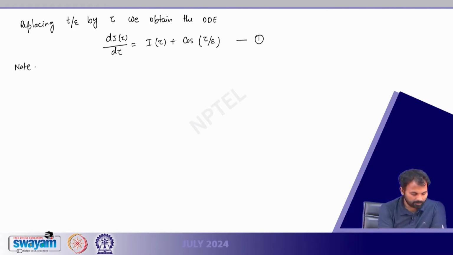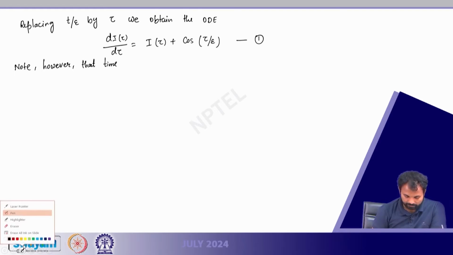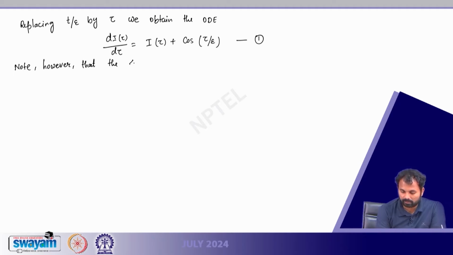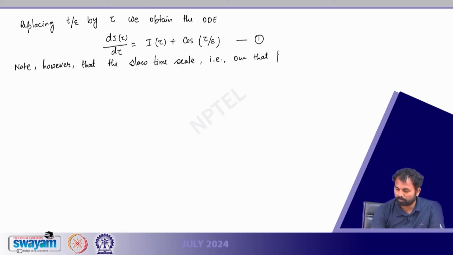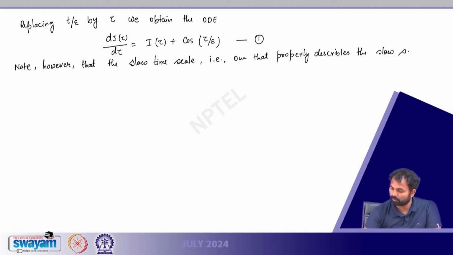Note that, however, the slow time scale is the one that properly describes the slow motion or slow solution.